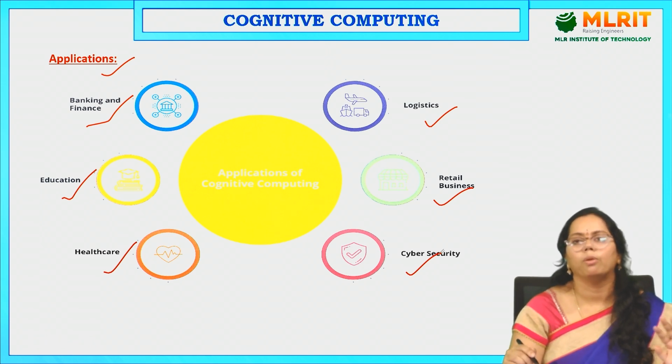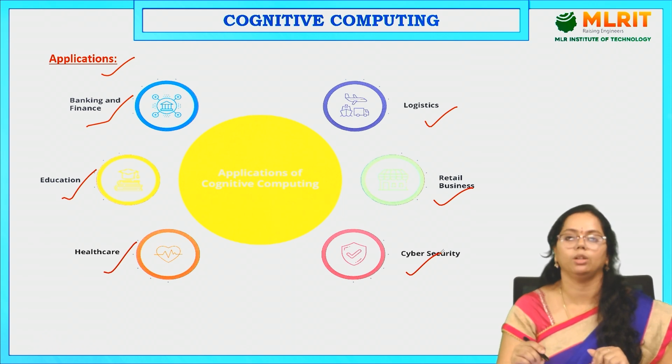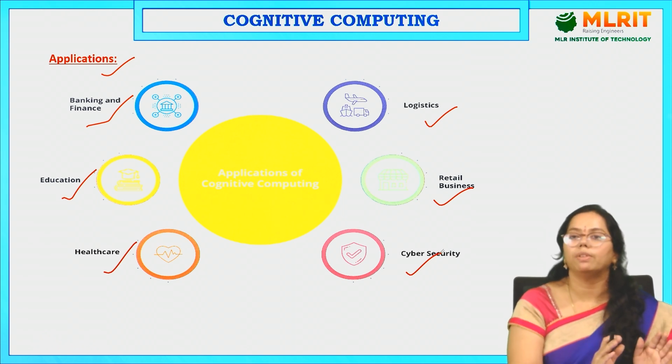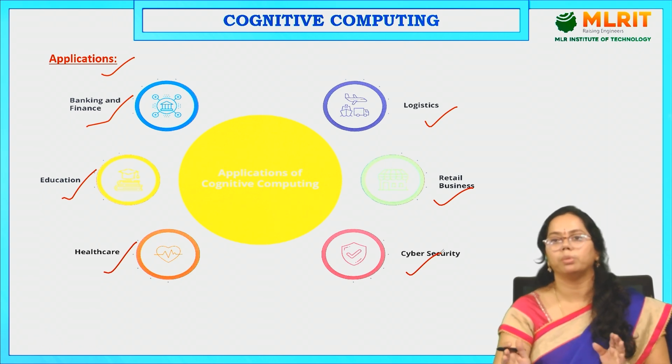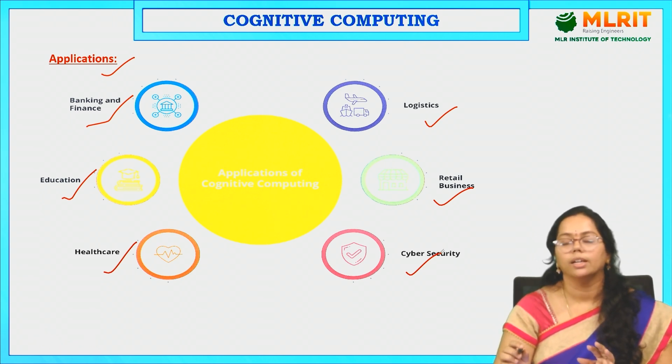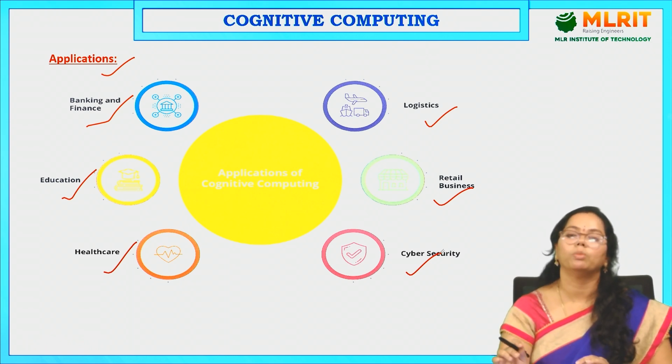So where you don't find cognitive computing, you have nothing. We use artificial intelligence, and the same way we use cognitive computing in all the applications to make human work or human jobs easy.